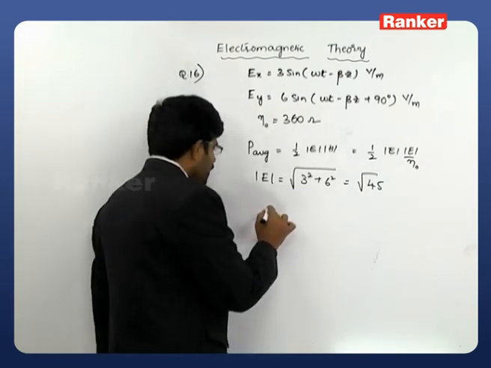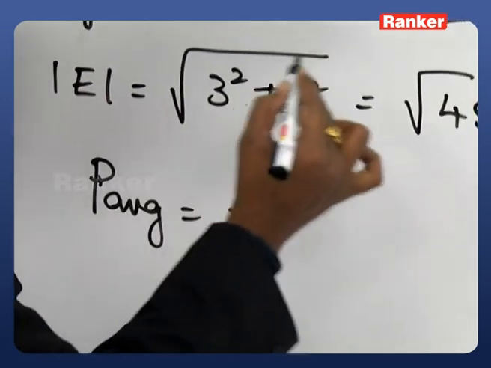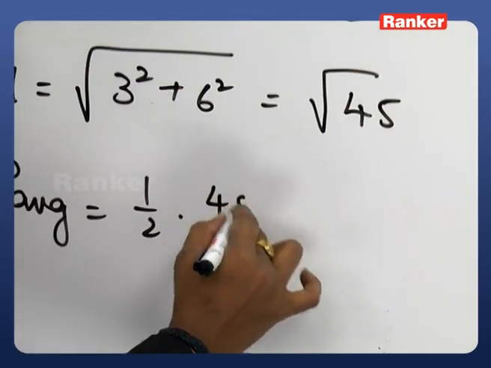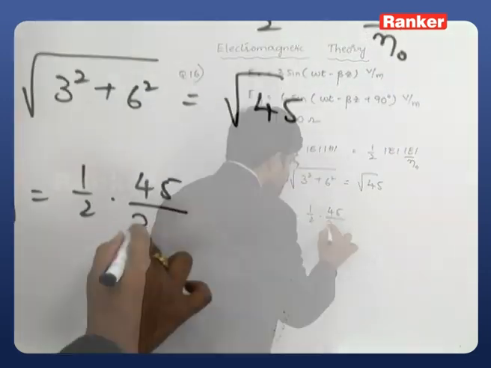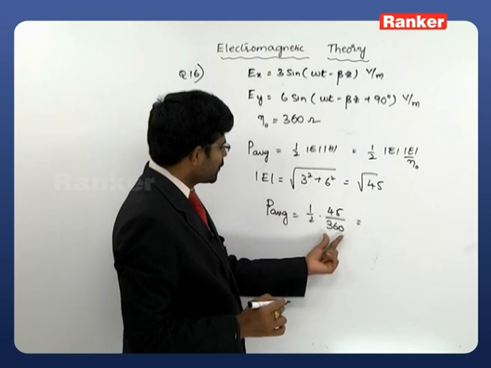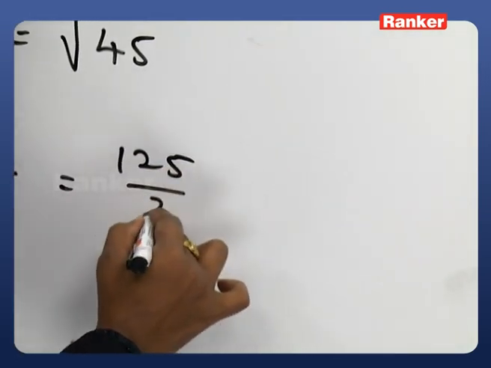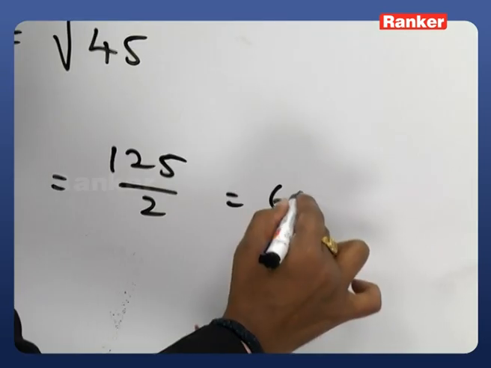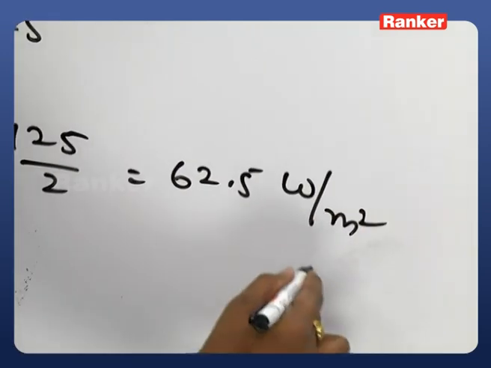Now directly the average power P_avg is equal to 1 by 2 times E square, which is 45, divided by eta naught, which is 360. So approximately after calculation, what we get is 125 divided by 2, which is equal to 62.5 watt per meter square.